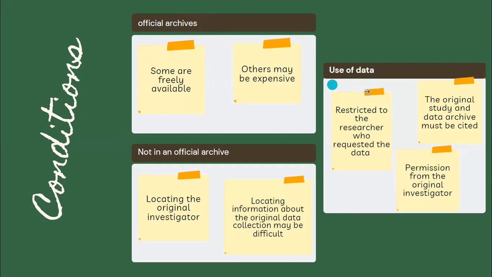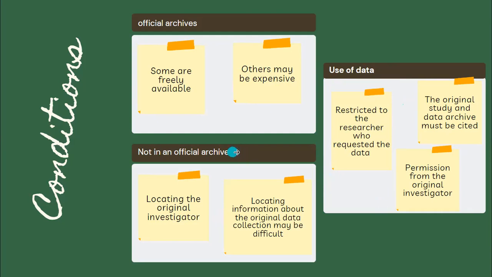And then we have the conditions for the use of the data. Some are restricted to the researcher who requested it, which could be yourself. Then you have that the original study and data archive must be cited. That's the only condition for some. And others ask you to ask permission from the original investigator directly.